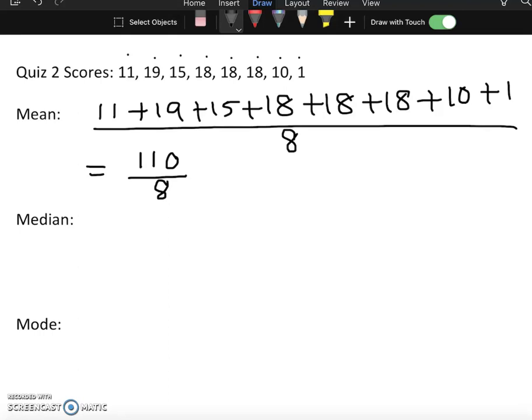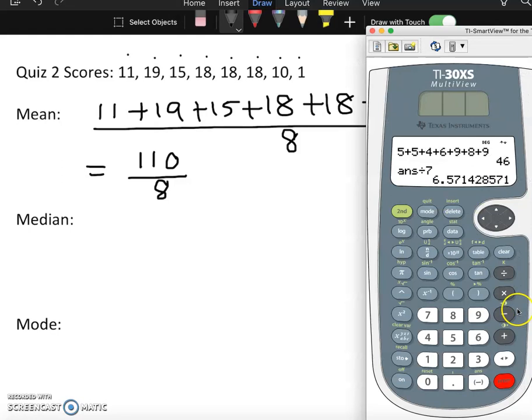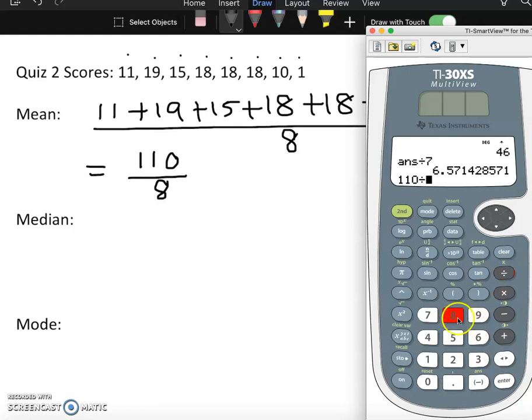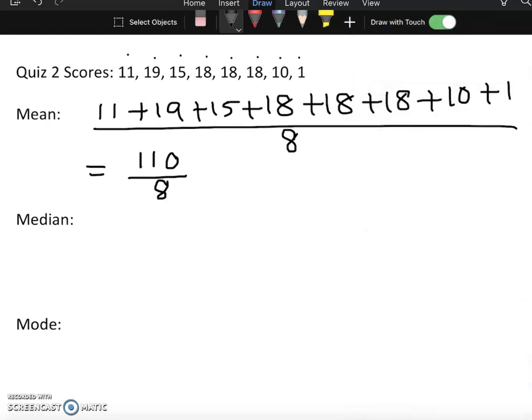Now you can take a look at a calculator. If you divide 110 by 8, it gives you 13.75. That's the mean for this data set.